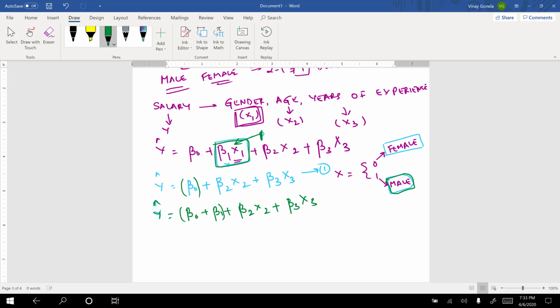If this beta 1 is significant, that means p-value less than alpha, then you are saying beta 1 is significant. What it means is you will have a gender wage gap, because this beta 1 will get added into the expression and show you that gap in the gender wage. That is how you introduce dummy variables.